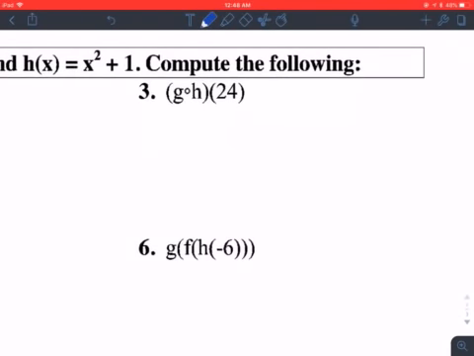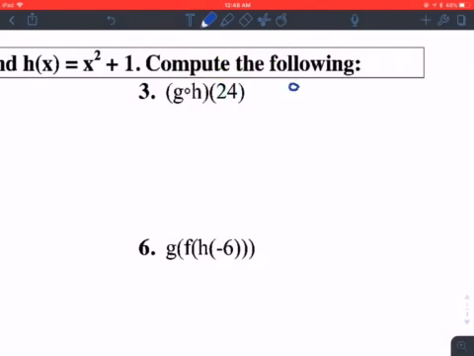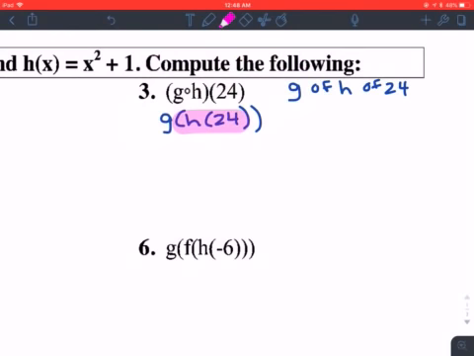This is another way you can write the same thing, but this still says g of h of 24. So it's the same thing as g of h of 24. So we're going to start in the middle. We're going to find h of 24.